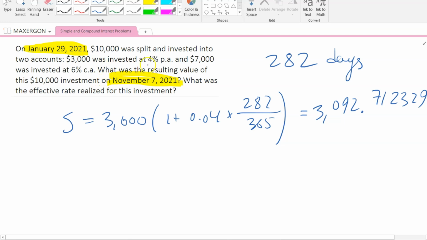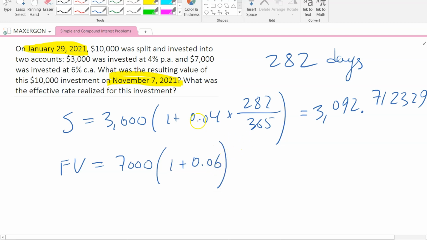What about the second part of the investment, which is 7,000? That was invested at compounded rate, so we'll use compound rate future value. And this results in $7,000, which grows at 6% compounded annually, so 0.06.